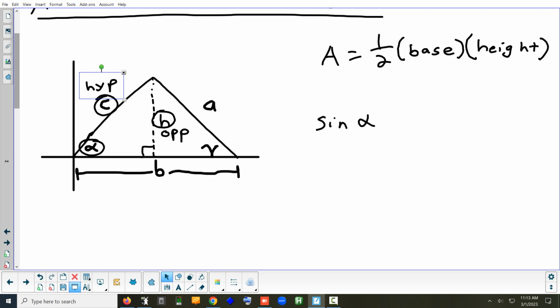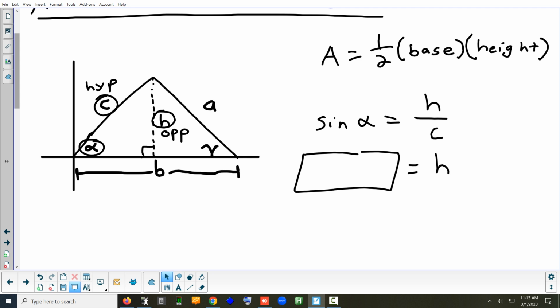So the sine of alpha would equal what? H over C. And what would H equal? C sine alpha. So that's a formula to find the height if you don't know it.